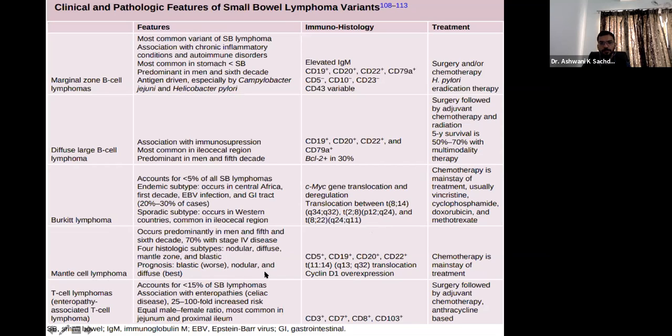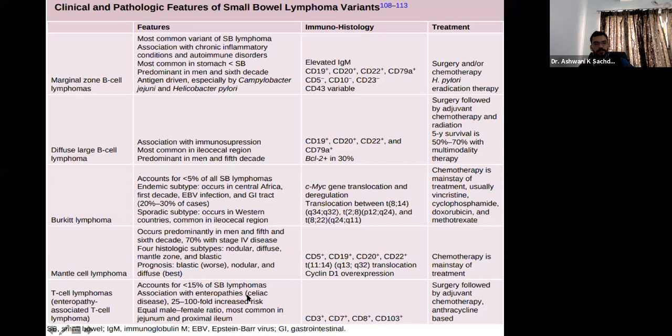Mantle cell lymphoma usually occurs in men in the fifth to sixth decade, and 70% are associated with stage 4 disease. Chemotherapy is the mainstay of treatment in this case also. Then T cell lymphomas, the enteropathy associated T cell lymphomas, are usually associated with celiac disease, with a 25 to 100-fold increased risk of developing enteropathy associated T cell lymphoma, and are more common in the jejunum and proximal ileum.